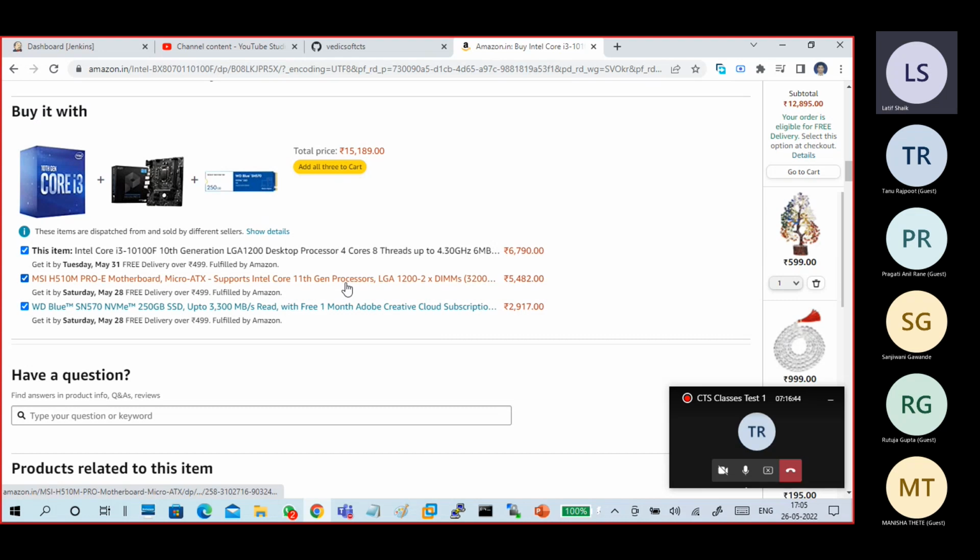See, this is very good. So 11th generation processor support. It is 10th generation, but both are the same. LGA 1200, and there is a 250 SSD. It's a total of 1500. You will get a processor, motherboard, and SSD. Still, again, I have to buy.